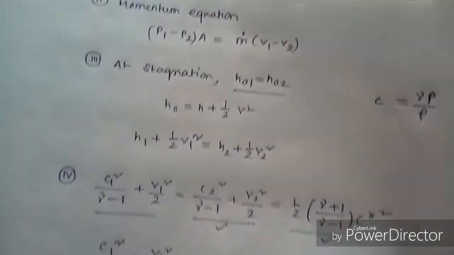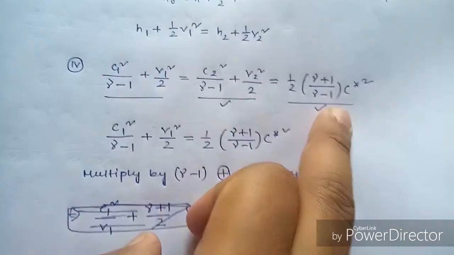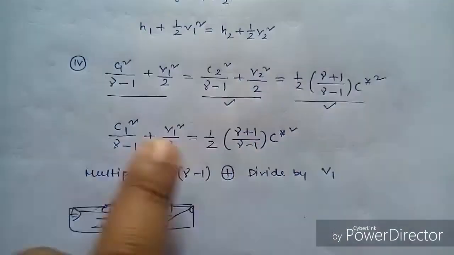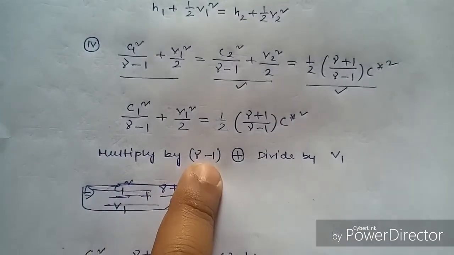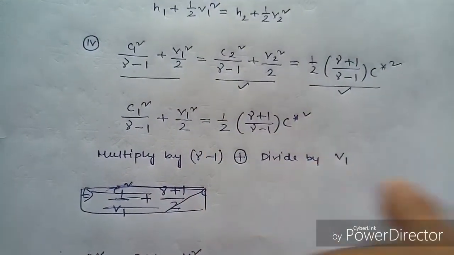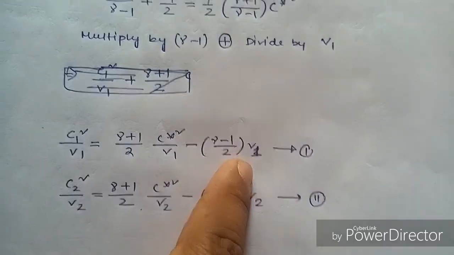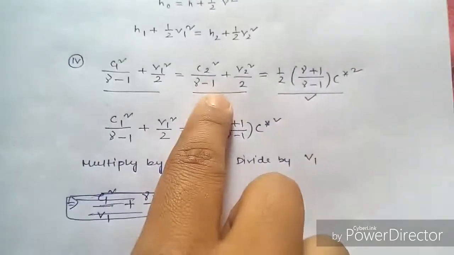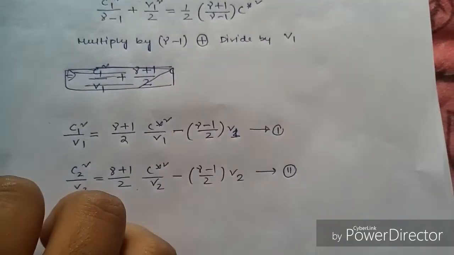Now what we have done, from this equation we take these two portions, then we multiply by this and divide by v1, then after that we got this equation. Similarly, if we take these two portions, then we will get these two equations.